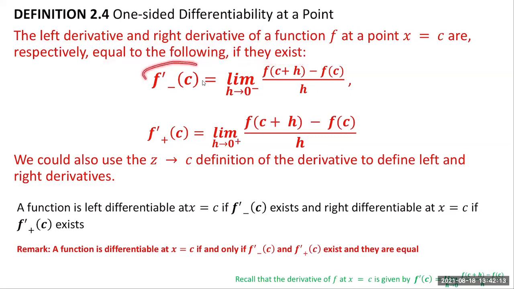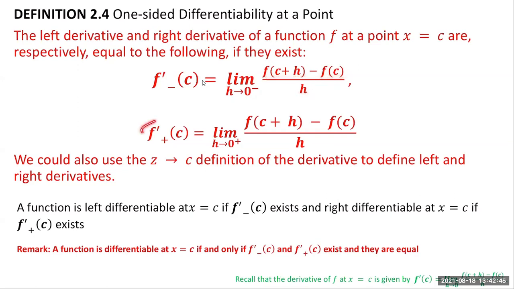Here is the definition of the left derivative at x equals c. Here is how you denote it: f prime, with a minus sign to indicate the left derivative at x equals c, defined by this limit as h approaches 0 from the left-hand side. Notice that you have a minus sign here, which means h approaches 0 from the left-hand side, of f of c plus h minus f of c divided by h.